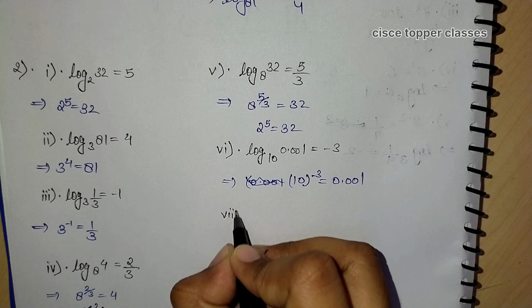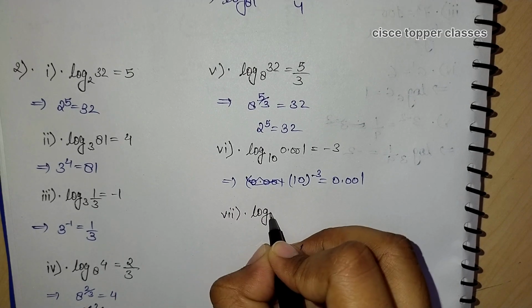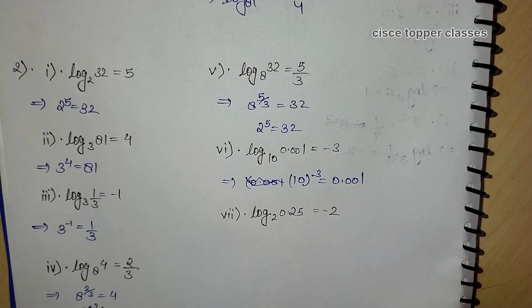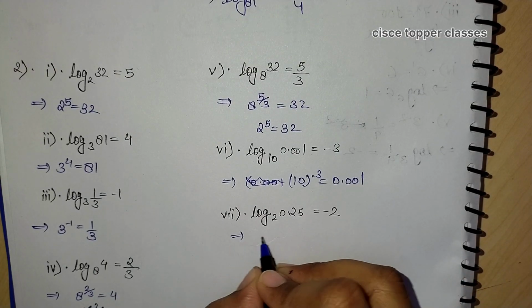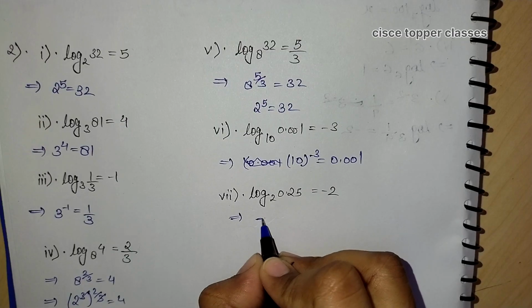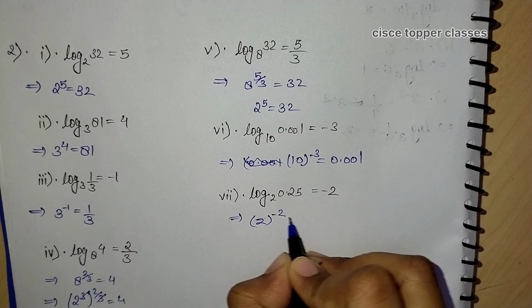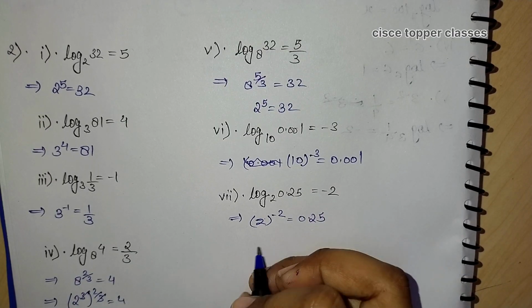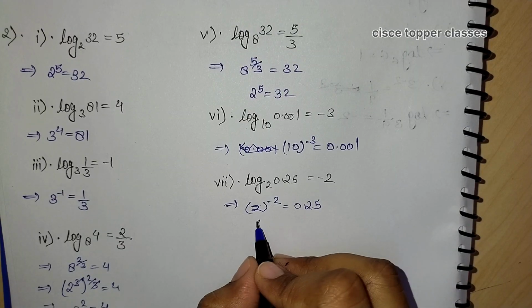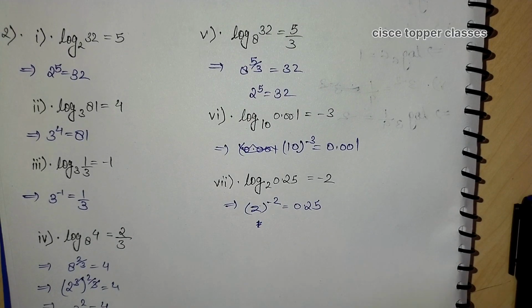Now the seventh part here is log of 0.25 with base 2 is equal to minus 2. We can write it as 2 to the power minus 2 is equal to 0.25 here. So on simplifying we will get 1 by 4. So this is the final answer only.